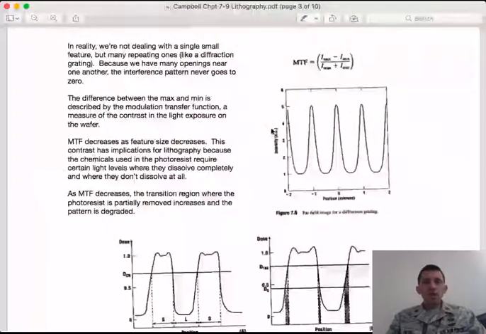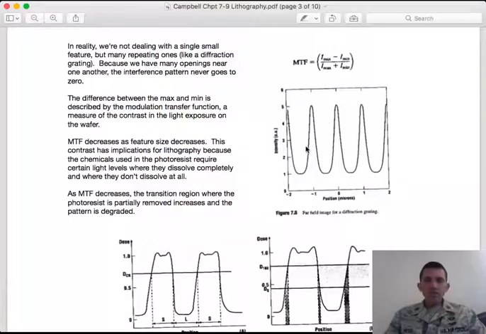So we're not looking at an isolated opening, we're looking more at a repeated opening, similar to a diffraction grating. A diffraction grating is many, many lines that are spaced very close together. The size and the spacing of the lines dictates the wavelength of light that it will interfere with.